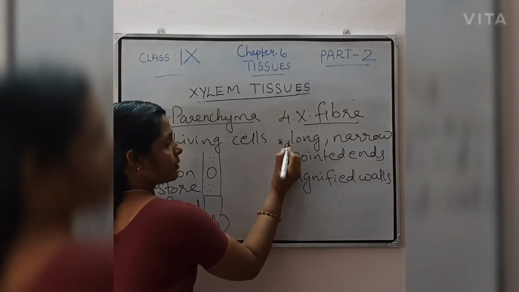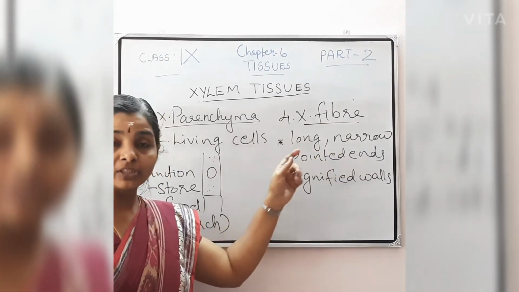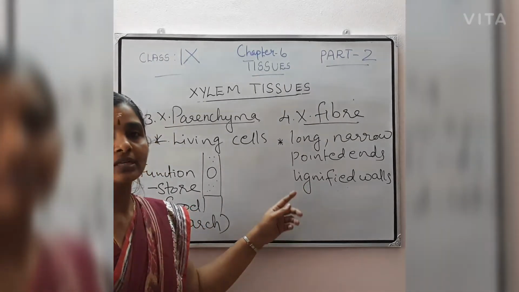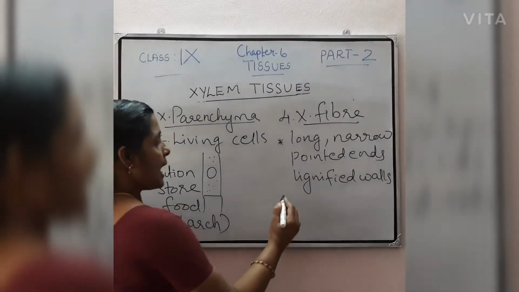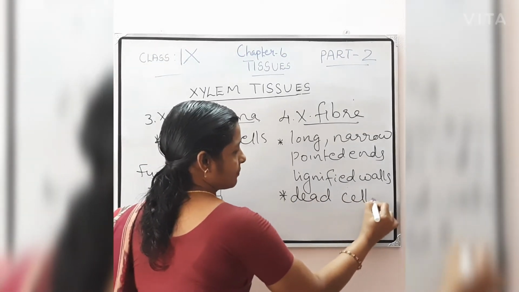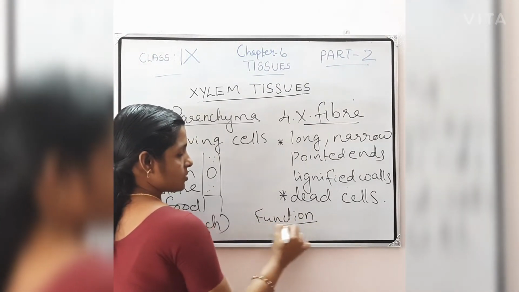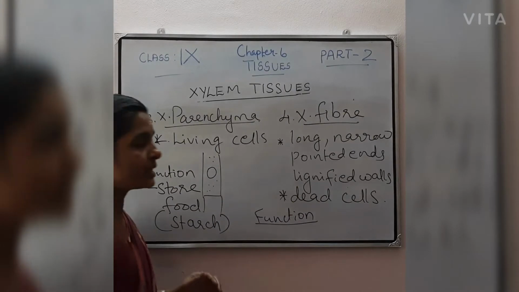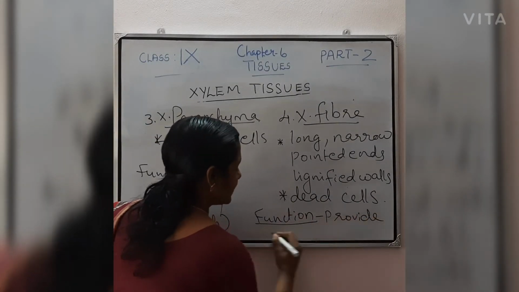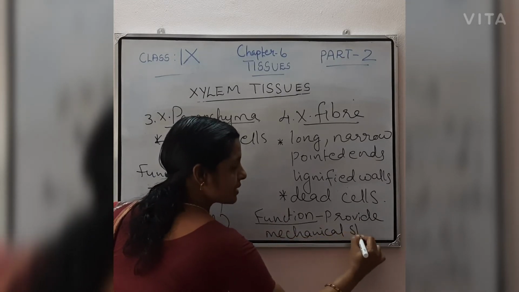The main points: xylem fibers are long, narrow, with pointed ends, and the wall is lignified, and these cells are also dead cells. And what is the function? The function is to provide mechanical strength, or support.